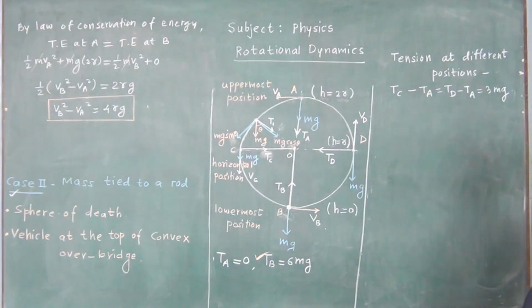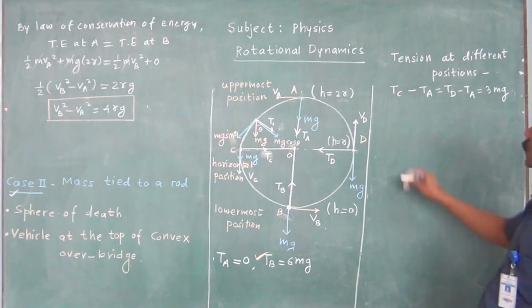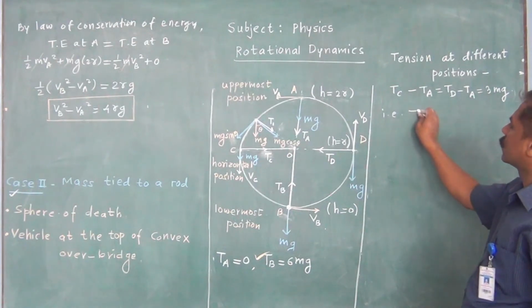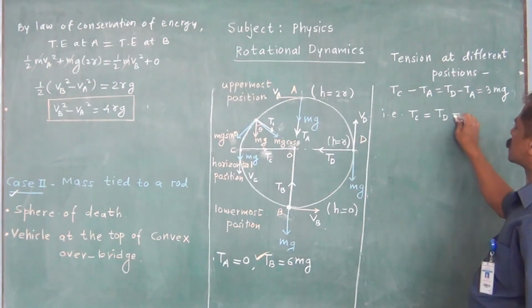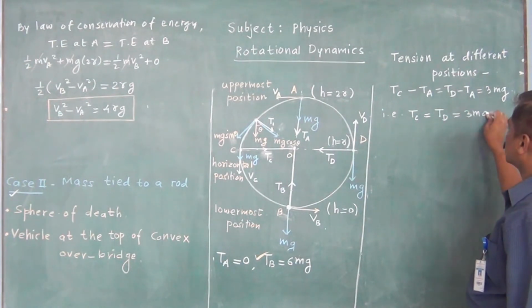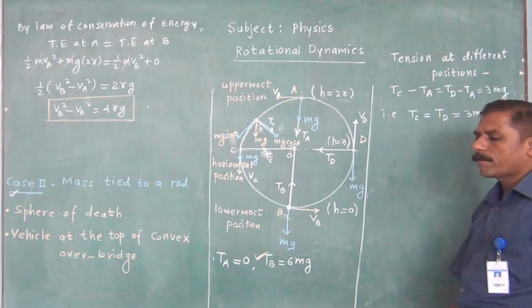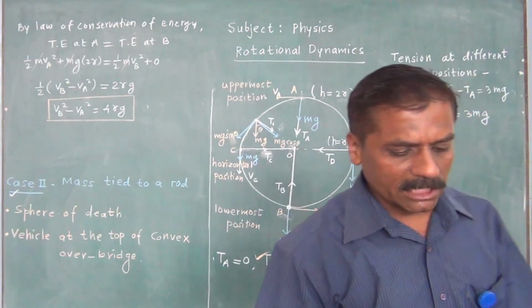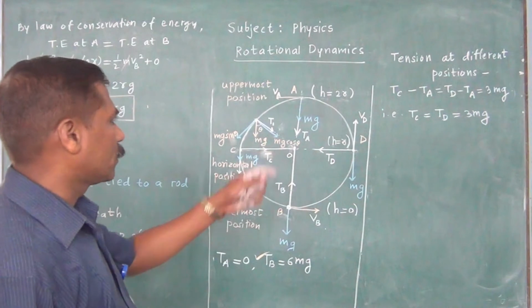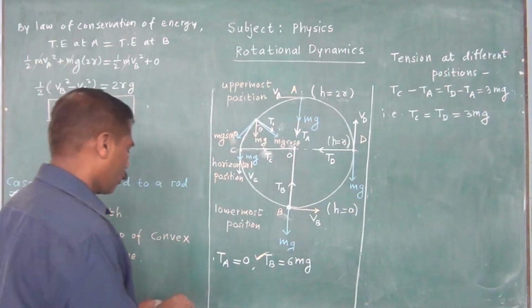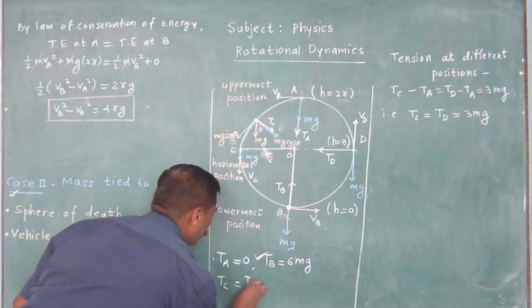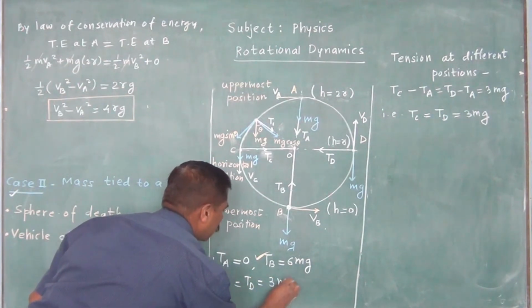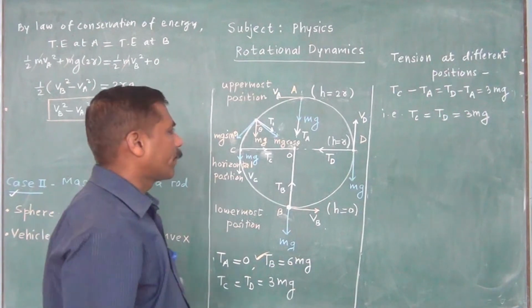Means the tension difference at two different positions is 3 times mg, and this is nothing but the tension at C equal to the tension at D, which is equal to 3 times mg. This can also be asked. So we can write Tc is equal to Td is equal to 3 times mg.